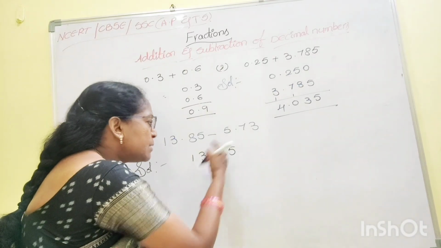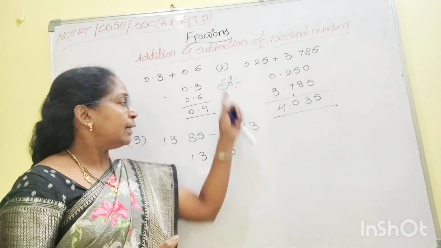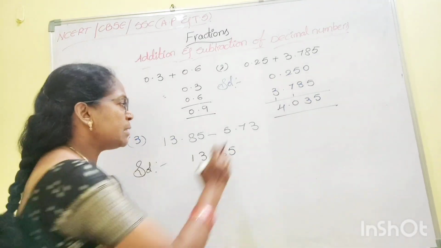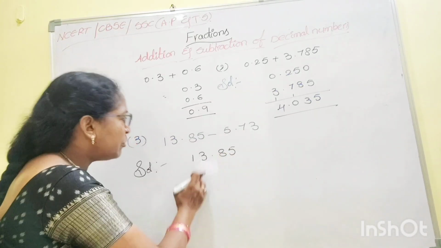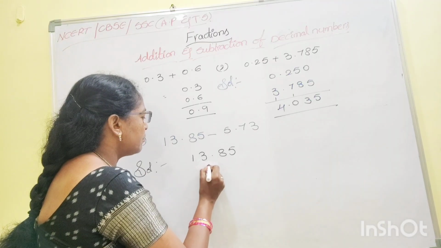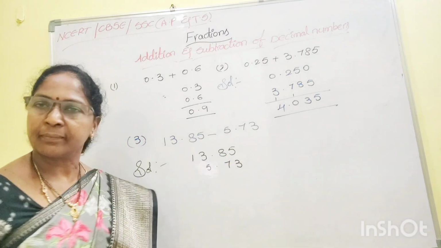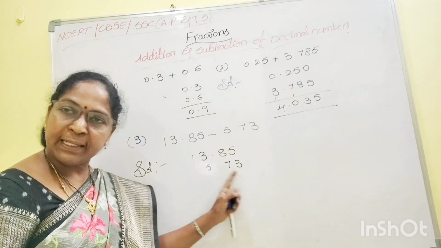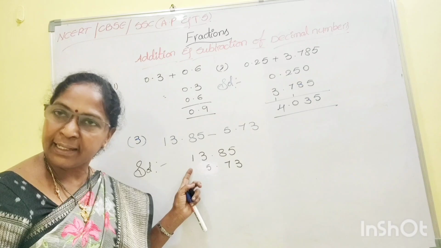So ones place down, ones place only you have to write down. What you have to remember in addition and subtraction of decimals is that point down, point only you have to write down.